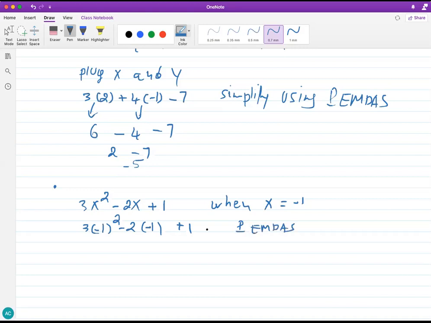Okay, PEMDAS. We always start from parentheses. So which operation do we do first here? Everybody? Which one? So this is the whole operation, this is the expression. What exactly do we do first here?